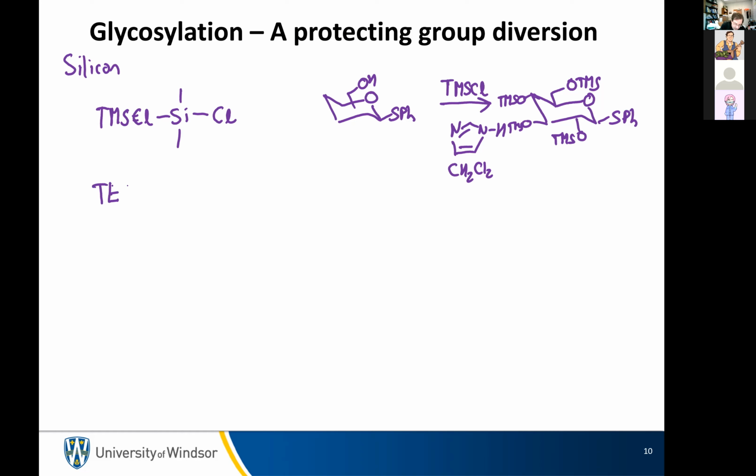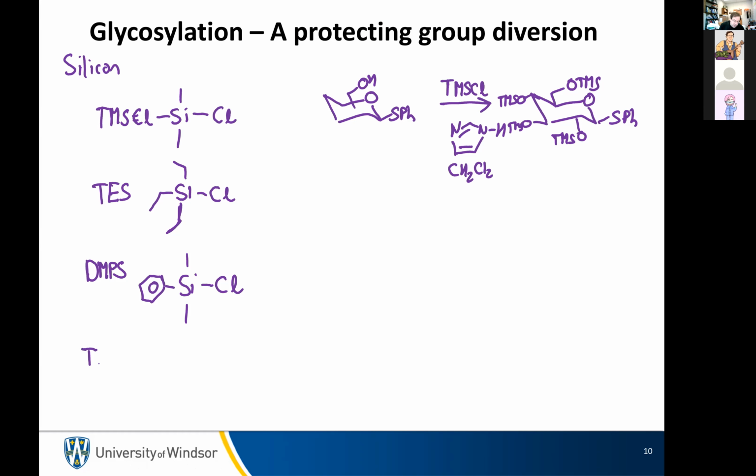So TES is very similar. It's triethylsilyl. The next one I had on there was DMPS, dimethylphenylsilane. I've used this so rarely in my life that I had to take a moment to think about what the abbreviation was.